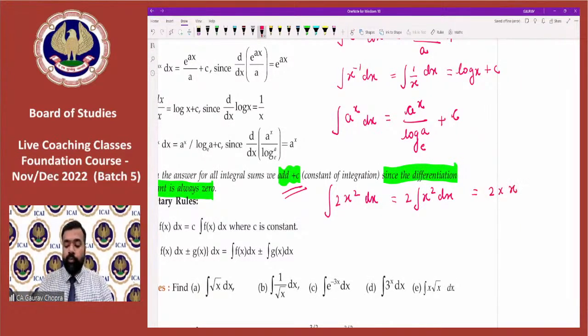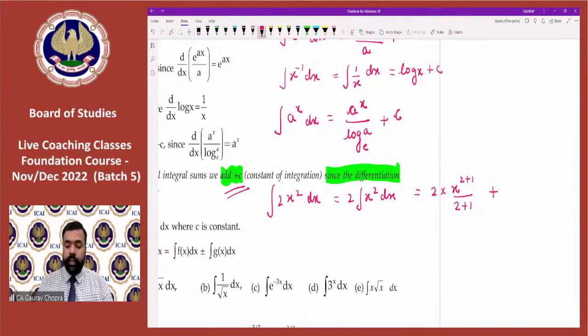For x square, the power will become 2 plus 1, and the denominator also 2 plus 1, and then adding the constant. So 2 x cube upon 3 plus c. This becomes the result. So whenever a constant is there, keep that constant separate.